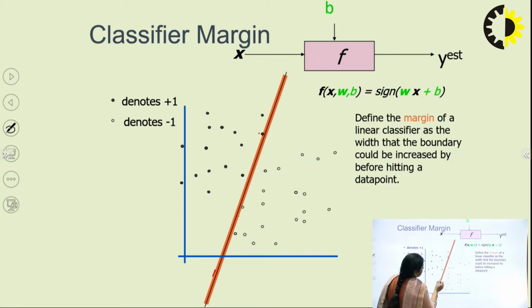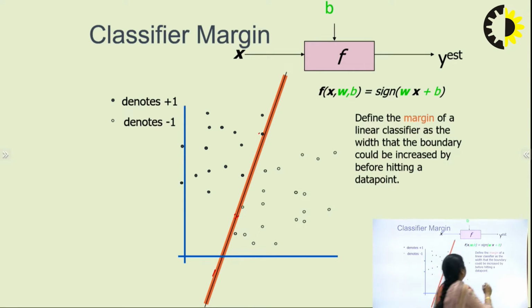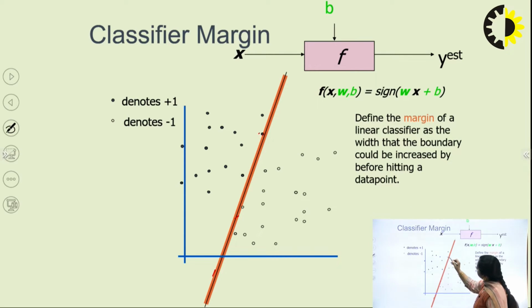Define the margin of a linear classifier as the width by which the boundary could be increased before hitting a data point. So when I increase this boundary, I make it thick, it touches the positive class here and the negative class here. This is forming the margin.